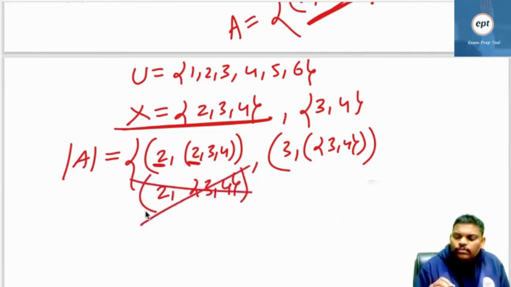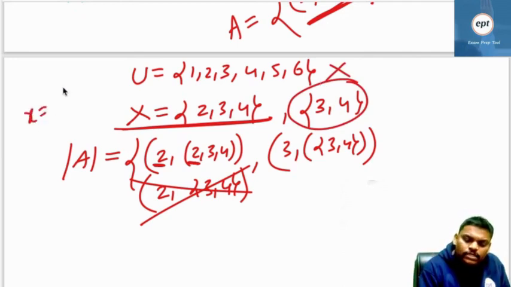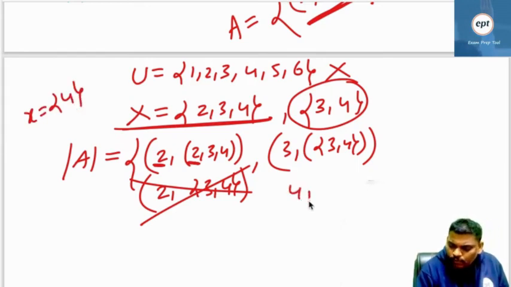This is not possible. X can be this, X can be this, X can be this also, only 4.